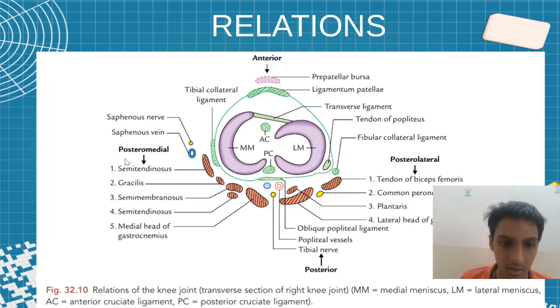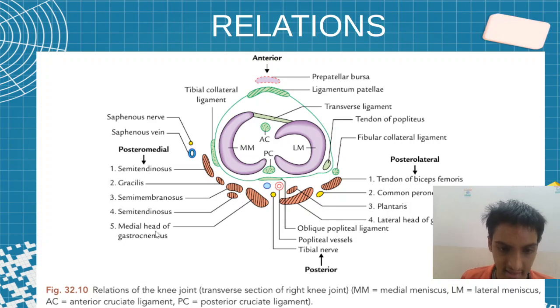Let us come to posteromedial. We have the saphenous nerve and vessels, the TCL, and the hamstrings, no biceps femoris. Here the biceps femoris will be on the posterolateral side. Here only semimembranosus and semitendinosus.